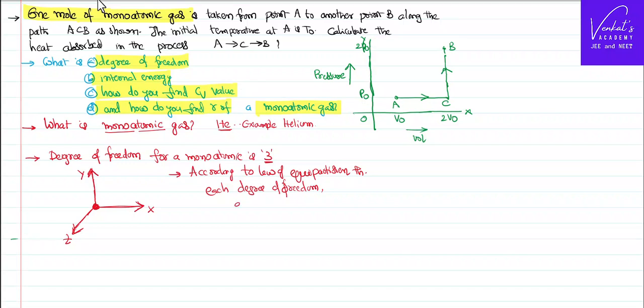So each degree of freedom gives an internal energy of half RT. This has 3 degrees of freedom. That implies for monoatomic gas, the total internal energy is 3 times half RT. Half RT is the internal energy for each degree of freedom. There are 3 degrees of freedom. Therefore, it has a total internal energy of 3 by 2 RT.